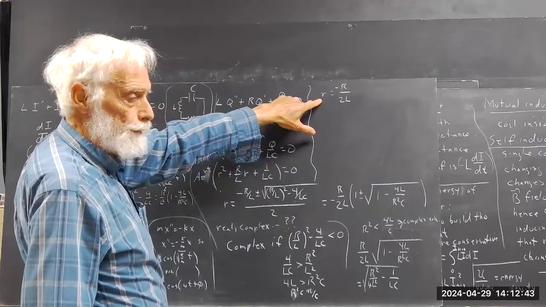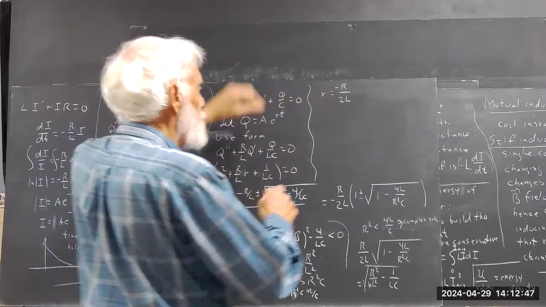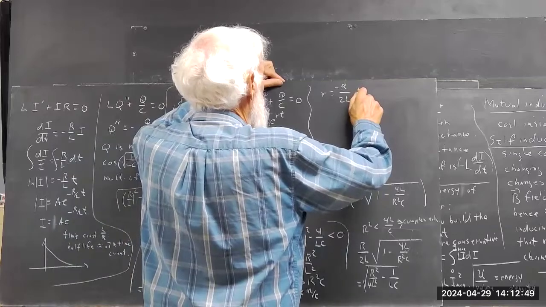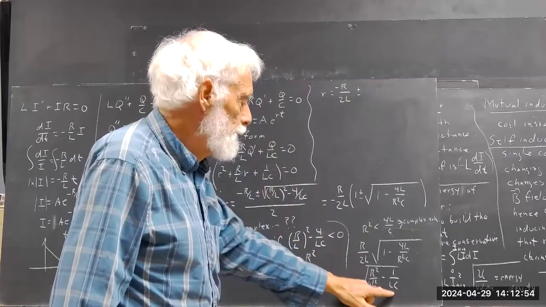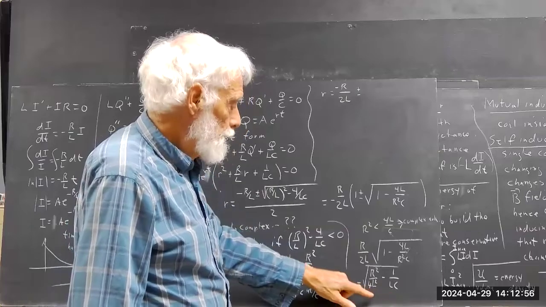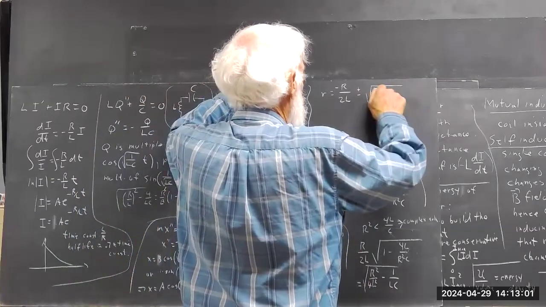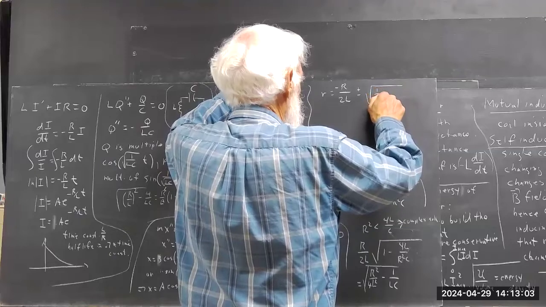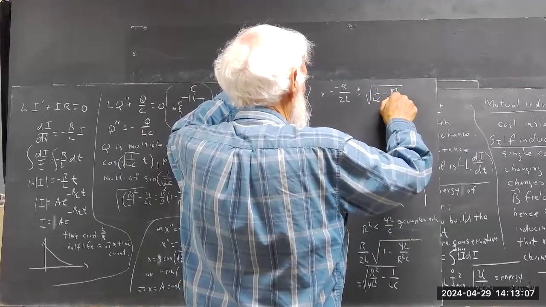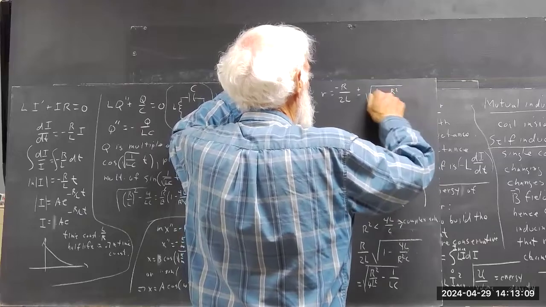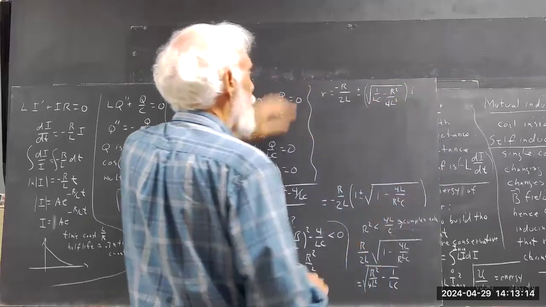Our solution of the characteristic equation would be this, plus or minus. This is negative. We take the square root of the negative of this, and that's going to be the square root of 1 over LC minus R squared over 4L squared, times i.